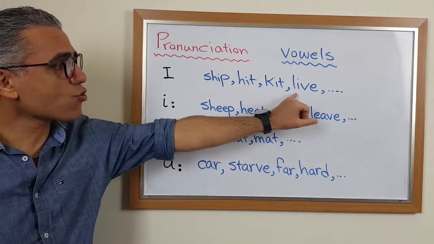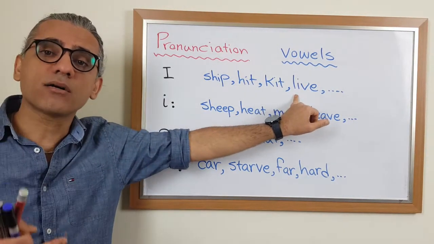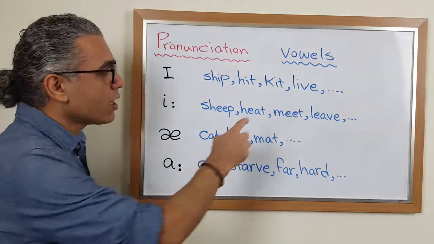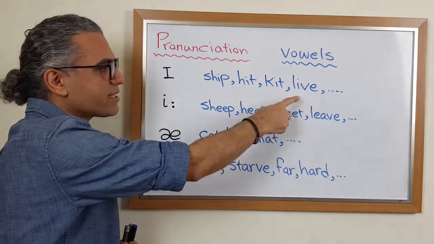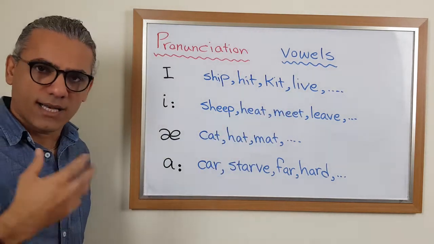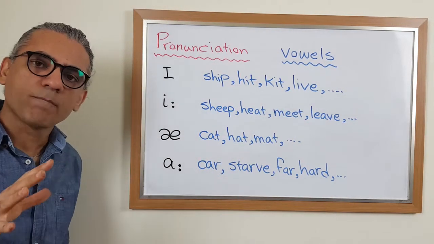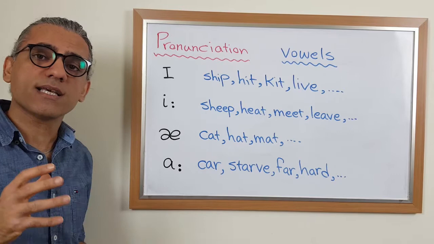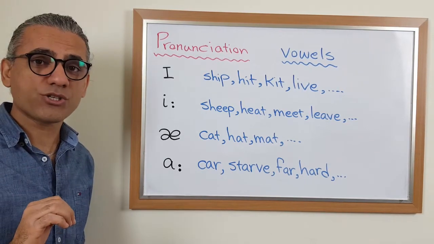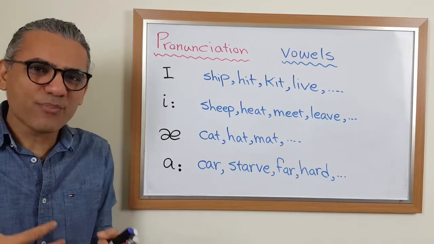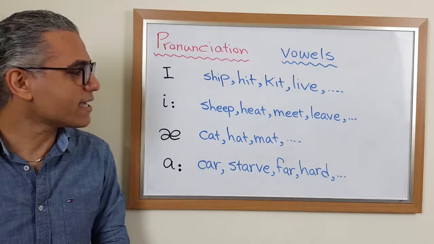If you want to keep it shorter, it helps a lot if you put pressure on the consonant before the short vowel. For example, this is live. So I put pressure on the consonant. The first consonant is L. So I say live, if you want to help yourself to pronounce it more easily.